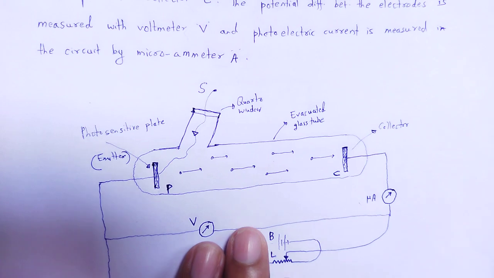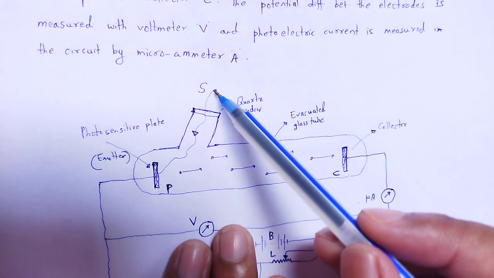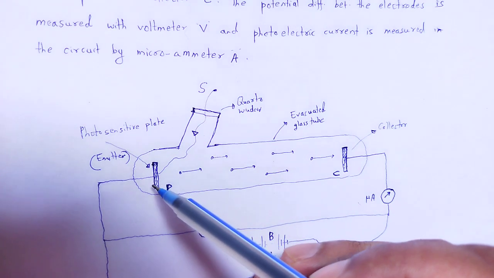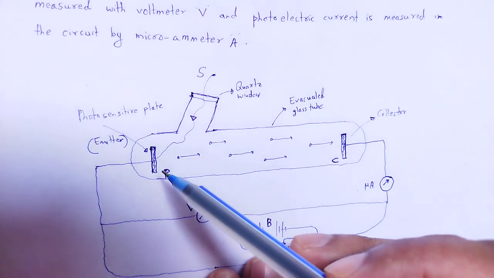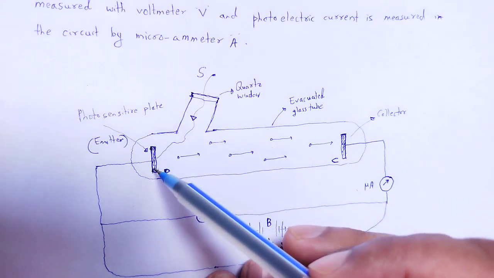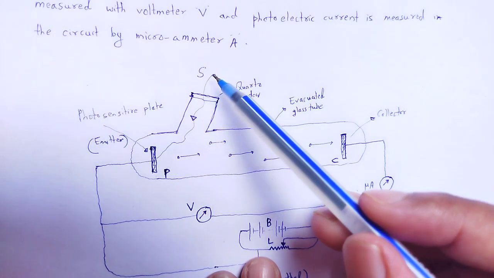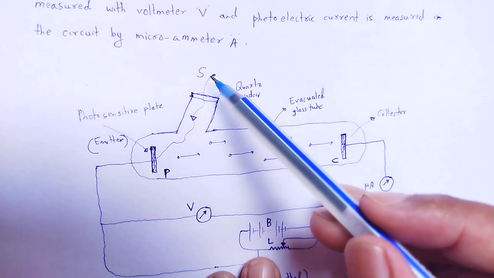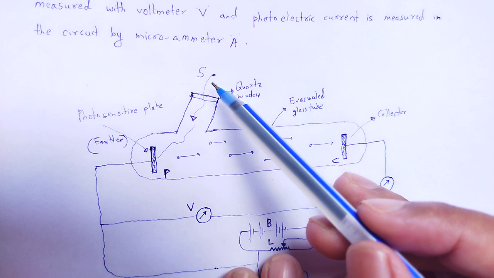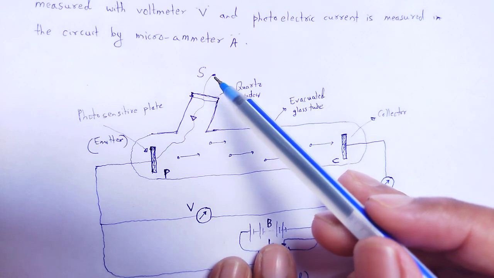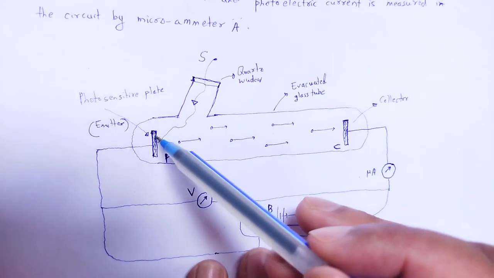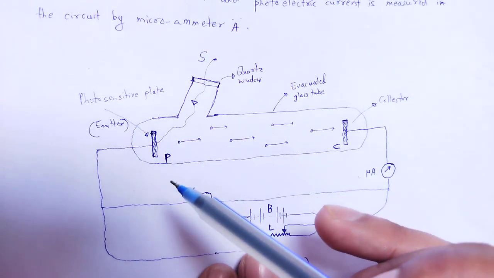According to the theory, from the source we make light incident on plate P, which is photosensitive, and that incident light is of suitable frequency, meaning the frequency is greater than or equal to the threshold frequency. So electrons are ejected from plate P.